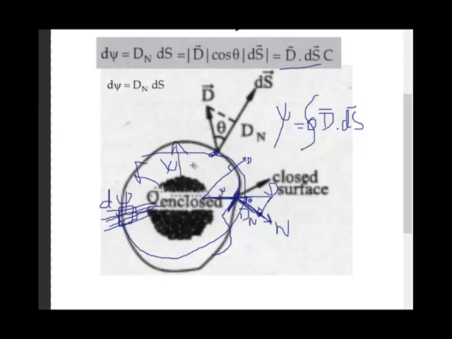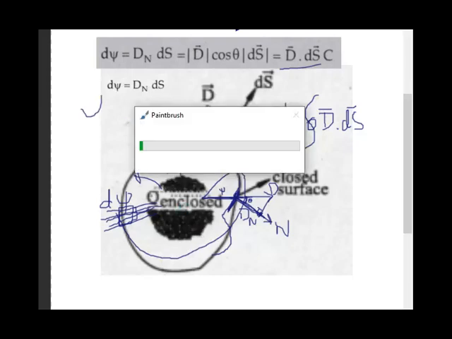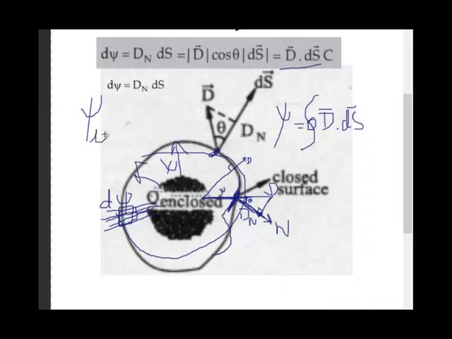If I get the complete psi, I can write it as the total charge, because Gauss law explained that the psi leaving is equal to the charge enclosed. So if I integrate the differential psi over the closed surface, I get the complete psi, which gives me the total charge within the enclosed surface.